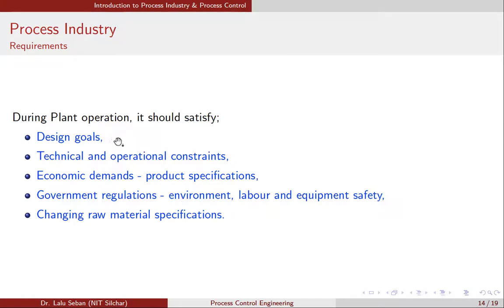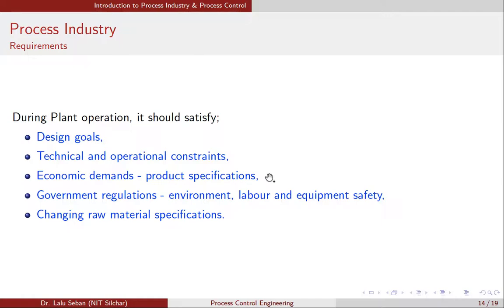These are the main design goals. Then there will be technical and operational constraints. There will be pipelines which will have constraints in flow. There will be pumps which will have constraints in pumping capacity. There will be reactors which will have holding capacity constraints. Then economic demands. The product specification.